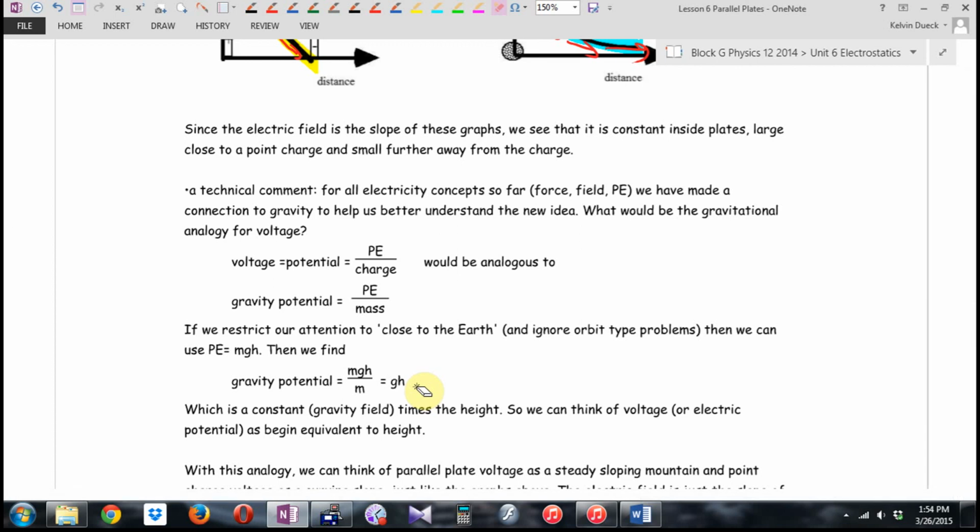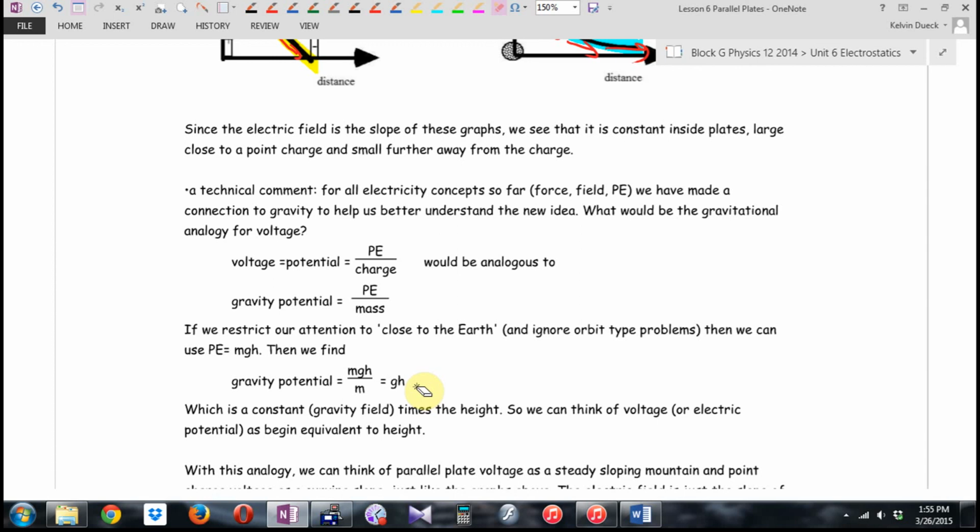A higher voltage will do more damage when it hits the ground. In fact, in the next unit, when we look at circuits, we're going to treat it exactly like height. A 6-volt battery is like a chairlift on a ski hill that's twice as high as a 3-volt battery. And so if you're on a 3-volt battery, you can't get to the top of the mountain compared to a 6-volt battery.